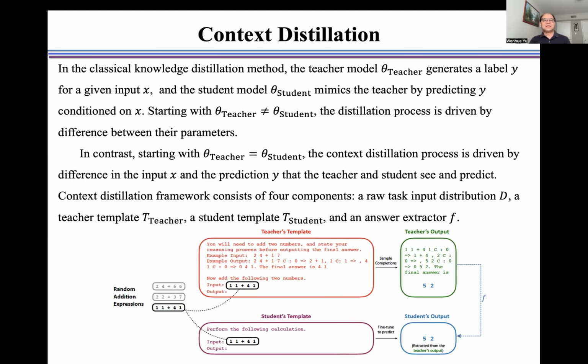Context distillation framework consists of four components, namely a raw text input distribution D, a teacher template T teacher, a student template T student, and an answer extractor F, as shown here, this F function.